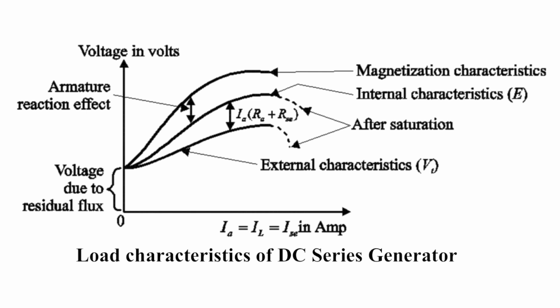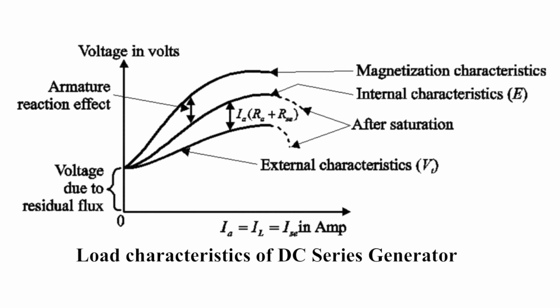The load characteristics, that is the internal and external characteristics, can also only be obtained by running the machine as a separately excited machine. In case of a series generator, Ia is equal to Isc is equal to IL, that is, armature current is the same as series field winding current, which is the same as load current.